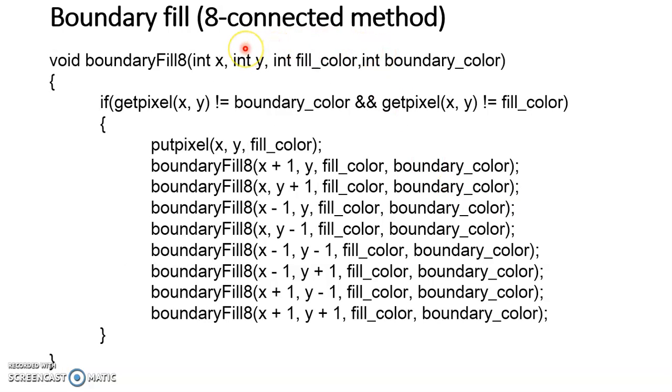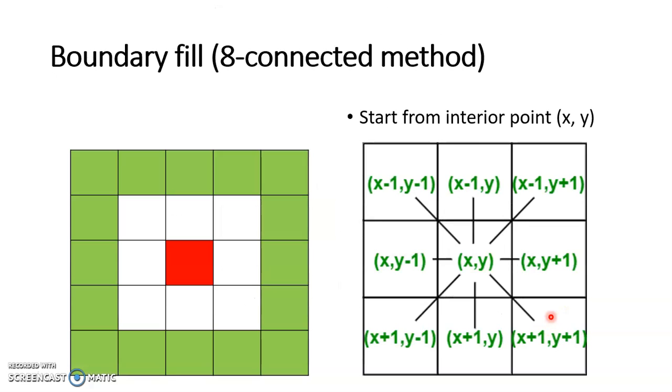So in the 8 connected method of boundary fill, the current pixel position, that is xy, fill color and boundary color are used. If the current pixel's color is not the same as boundary color and not the same as fill color, then the current pixel xy is filled with the fill color. Then all the 8 neighbors will be colored by the boundary fill algorithm. This is represented again with the help of the diagram.